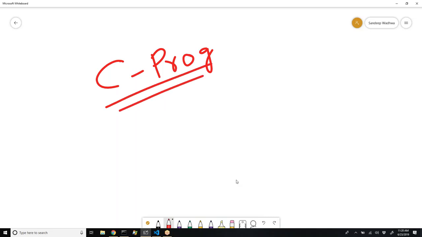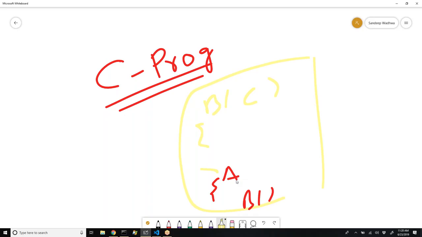One more for you to think about, not giving you the solution. Given a program, let's say given a C program, we are simplifying it, where you are given function A calls B, B calls C, like that. Some C program is given. You have to tell whether the C program uses recursion or not.